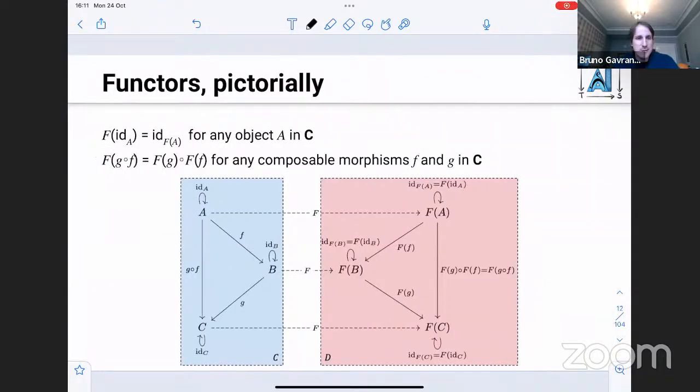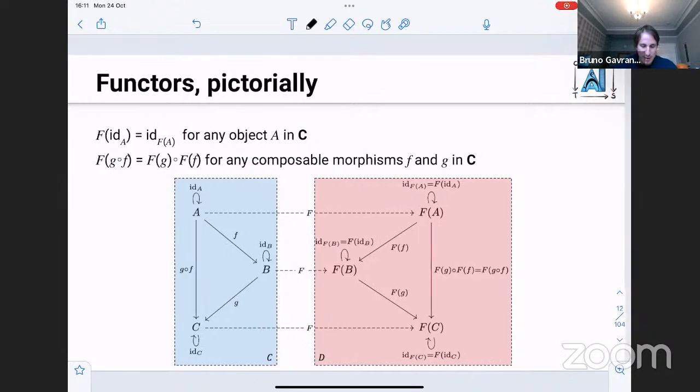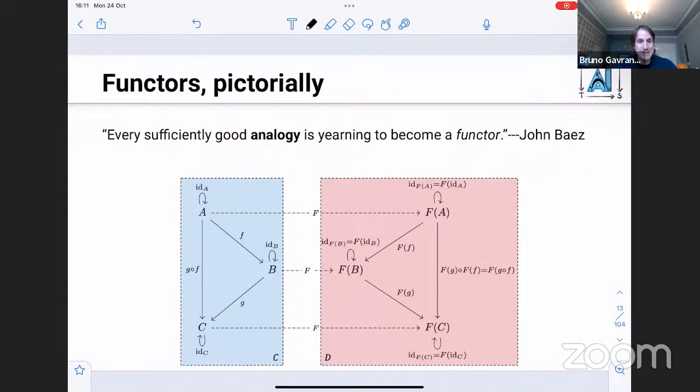This is another slide from Petar's talk giving particular axioms that these functors need to satisfy, which I'm not going to go into right now. With the main idea being that every sufficiently good analogy is yearning to become a functor, as a famous category theorist once said.